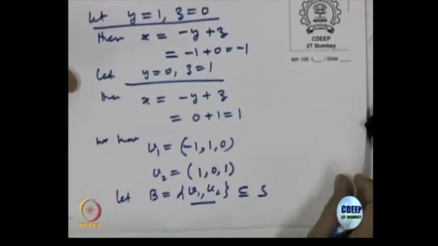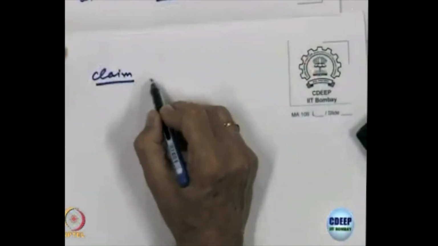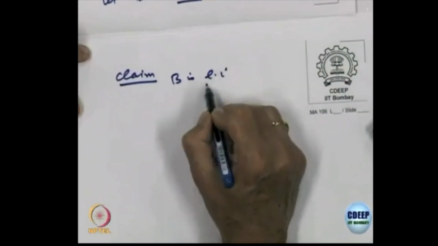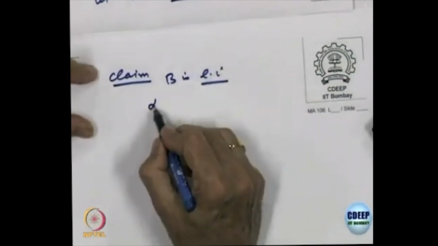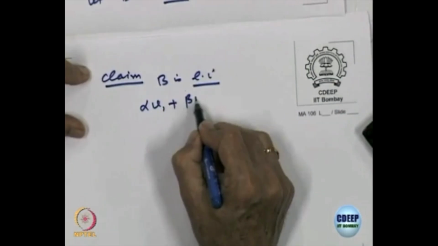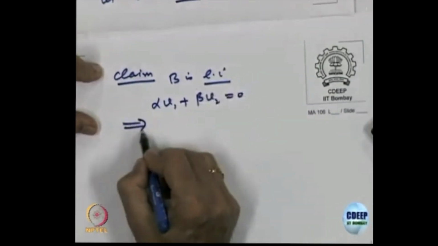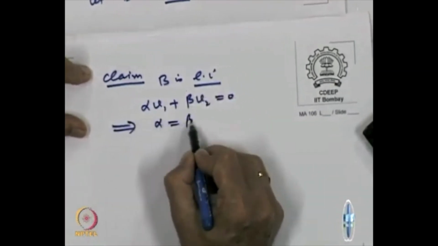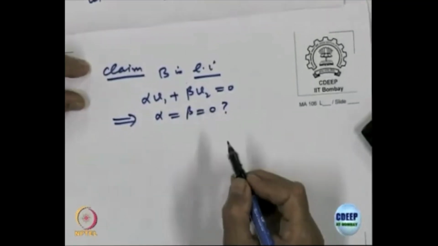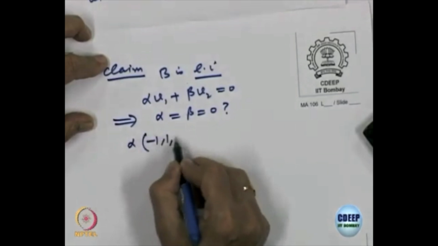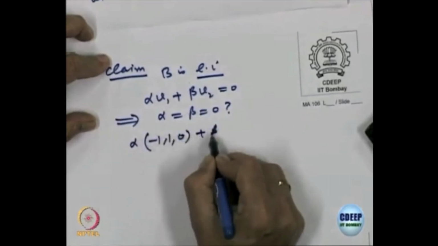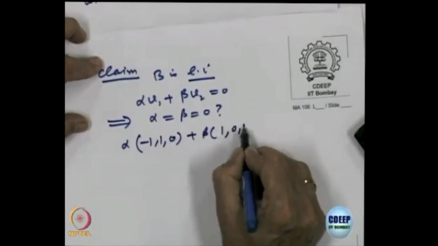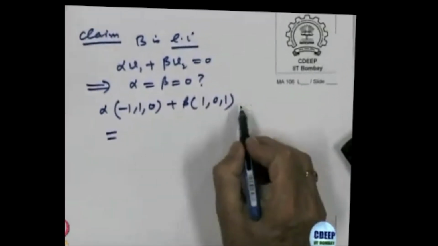So how do I check the independence? So let us check independence. So claim: B is linearly independent. So what does that mean? Alpha V1 plus beta V2 equal to 0 should imply alpha equal to beta equal to 0, right? So alpha times minus 1, 1, 0 plus beta times 1, 0, 1 is equal to 0.